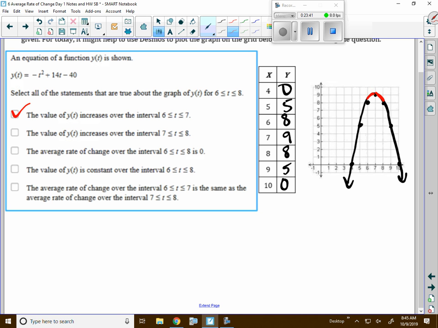The average rate of change from 6 to 8 is 0. Now, that one you might not be able to pick out based on the graph. So let's go ahead and write the points down. Okay, so we know we want x to be 6 and 8. When x is 6, y is 8. When x is 8, y is 8.